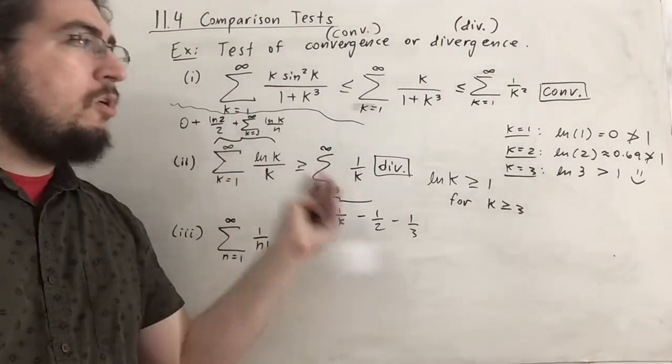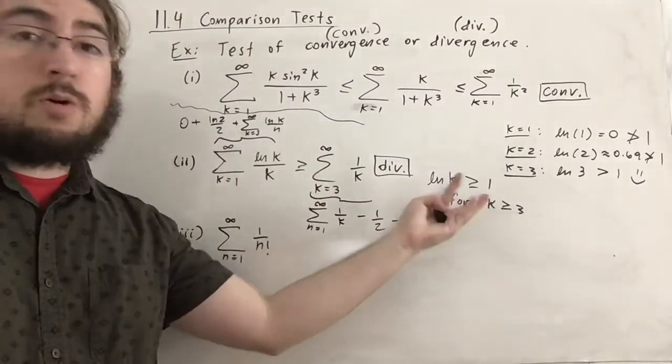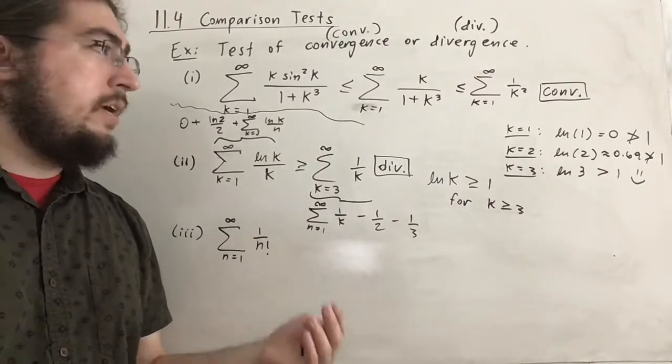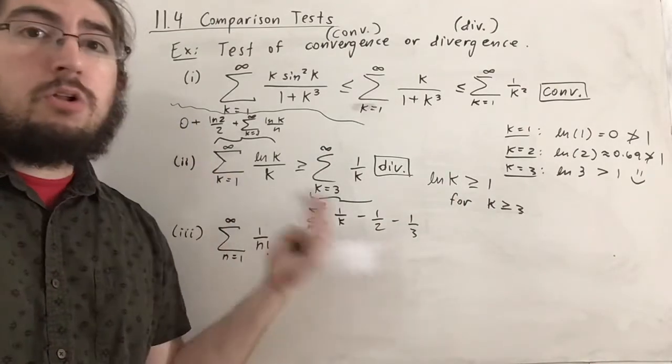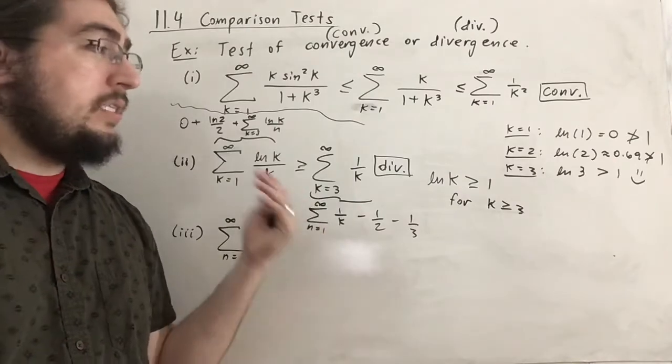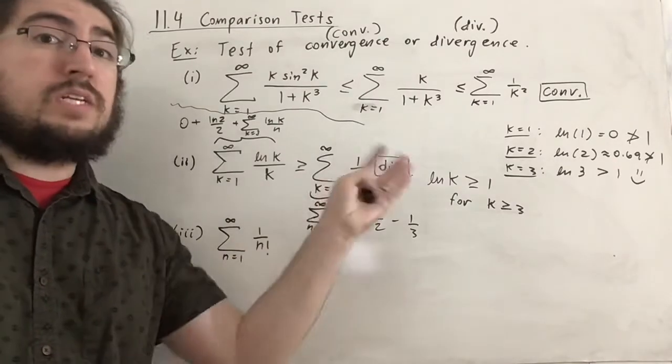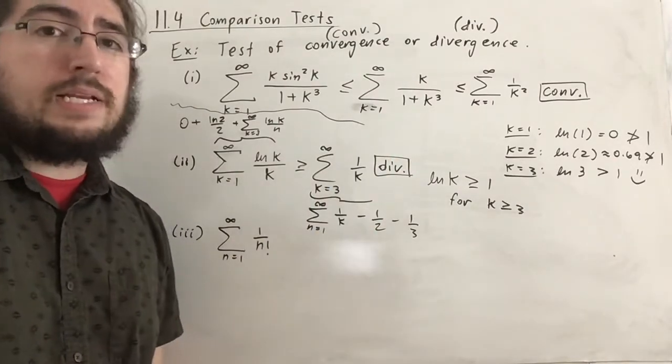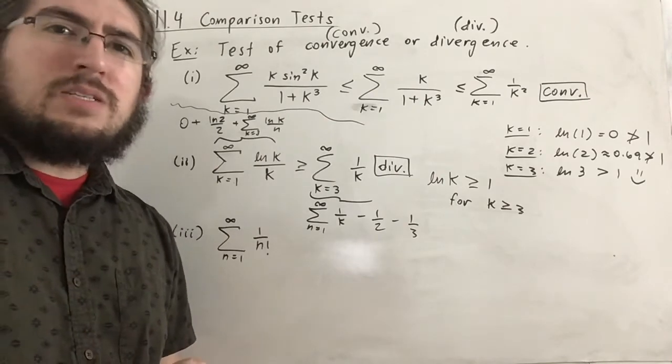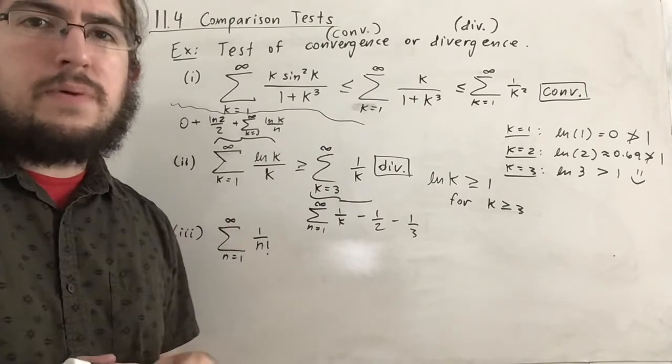So even though the inequality we're trying to use here isn't true for all integers, as long as it's true for most integers, up past a certain point, then you can use comparison. So that's the fine print of the comparison test.